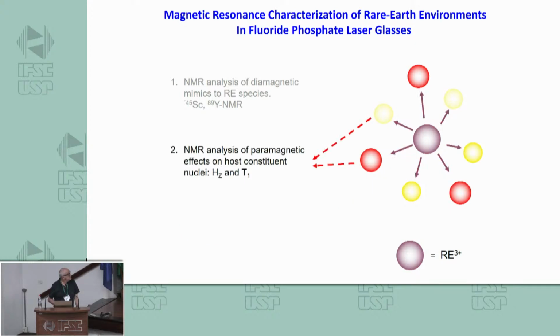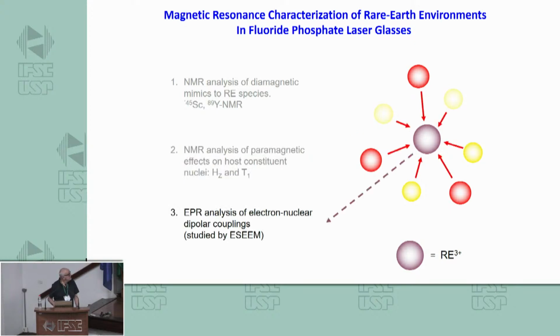Another way would be to look at how the paramagnetic ions are affecting the nuclei in their vicinity. And the third approach would be to actually look at the EPR signal of the paramagnetic species itself. And ytterbium and neodymium are the ones that are most attractive for this and most suitable.